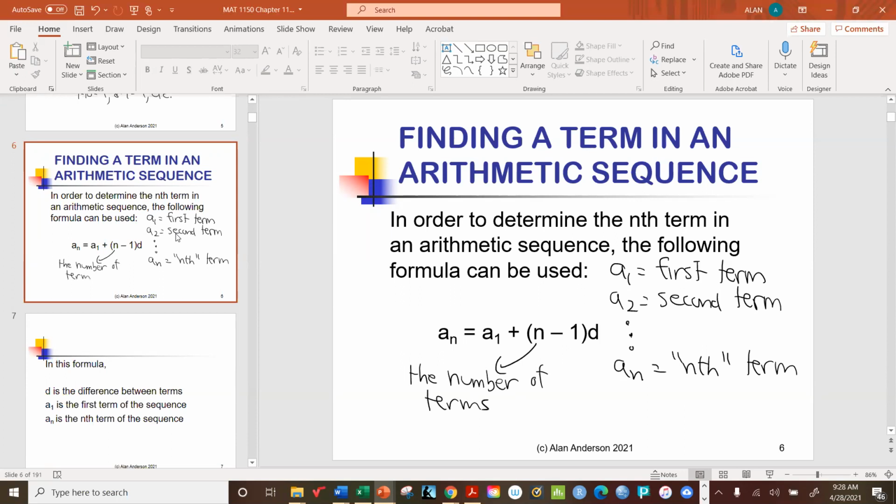Okay, so the formula that you're looking at here is designed to help us identify term AN. So N here is simply the subscript. In other words, the number of terms that we're looking for. And then D is the common difference.